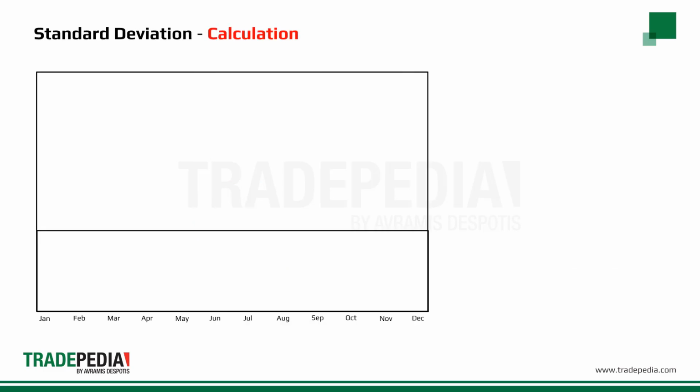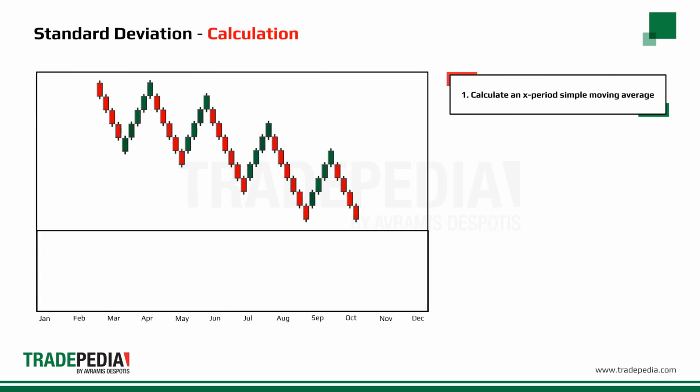To calculate the standard deviation, first calculate an X-period simple moving average. The default period used is 21. However, in our example, we will use a 3-period moving average. Average 3 closing prices of 75, 65, and 55 gives us an average of 65.